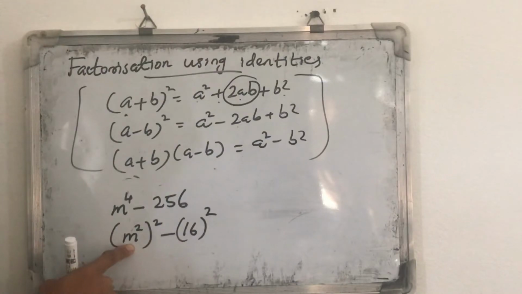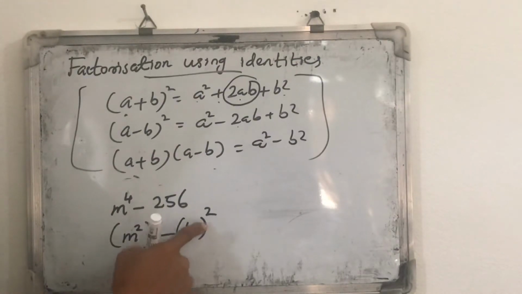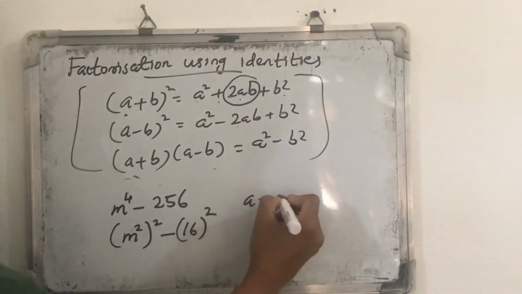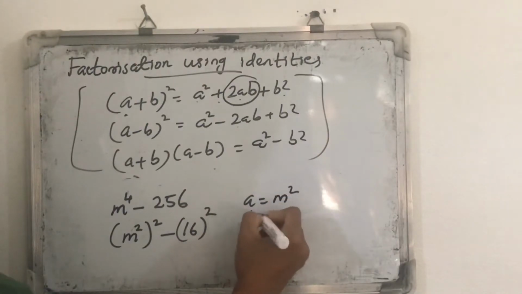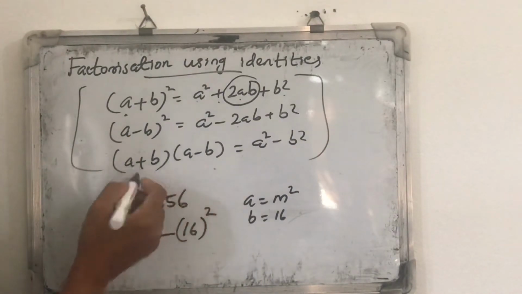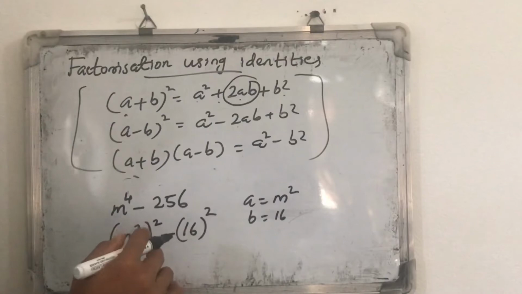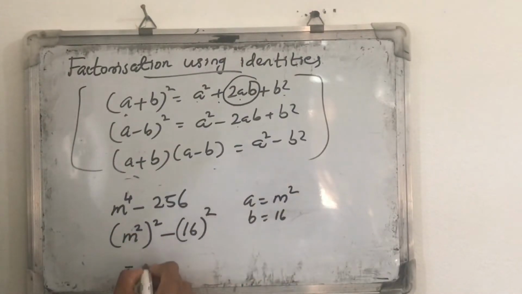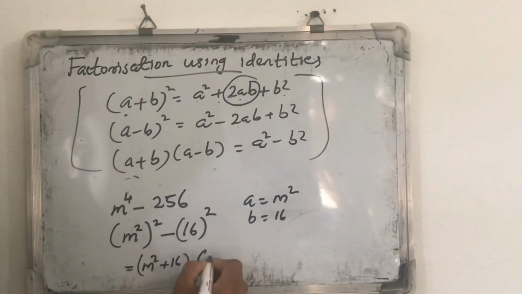Now it is in the form of a square minus b square, where a is equal to m square and b is 16. Okay, then what will be its left hand side? a plus b into a minus b, that is (m square plus 16) into (m square minus 16).